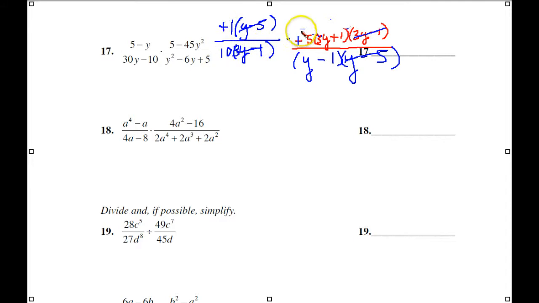Now I have a 5 here that will go once into the 10, which will go twice. So what am I left with? This, which is 3y plus 1. I need my 2 and my y minus 1. And you could leave it in this factored form. That's how MATLAB will use it.